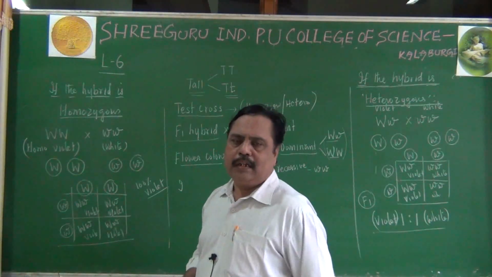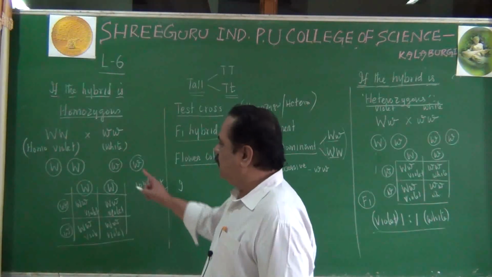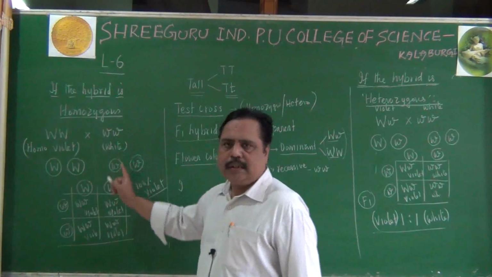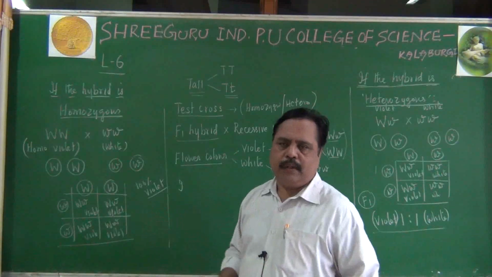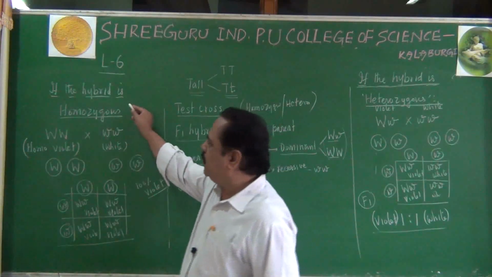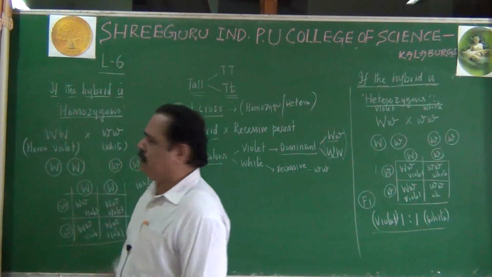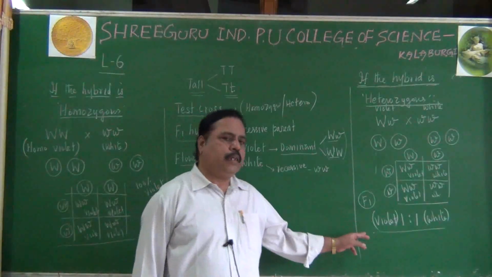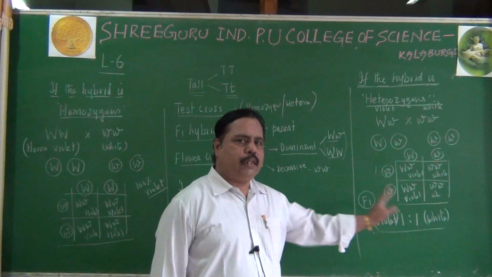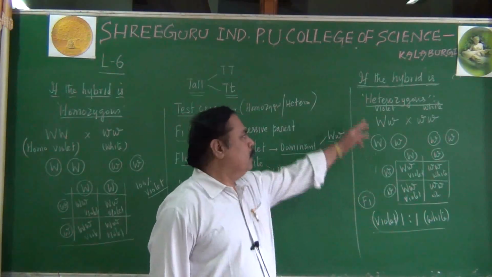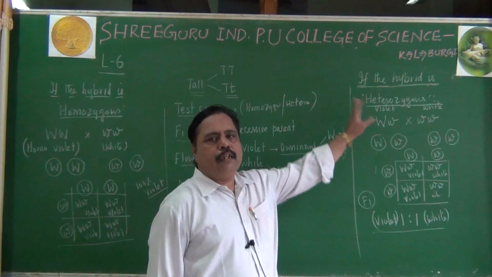So what is the inference we are getting here? If a test cross gives 100% dominant offspring, then the given hybrid will be homozygous. If the test cross gives a 1:1 ratio of dominant and recessive respectively, then the given individual is heterozygous.